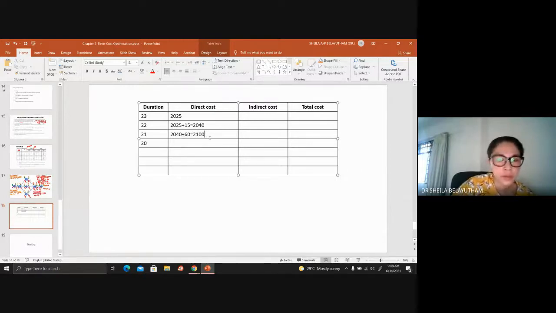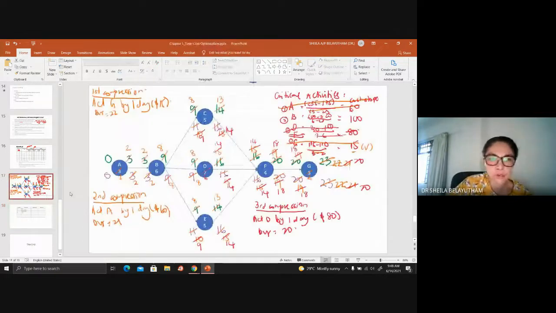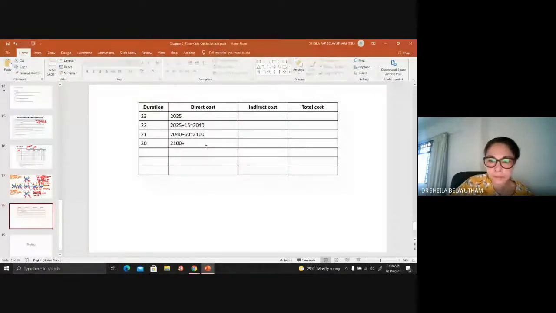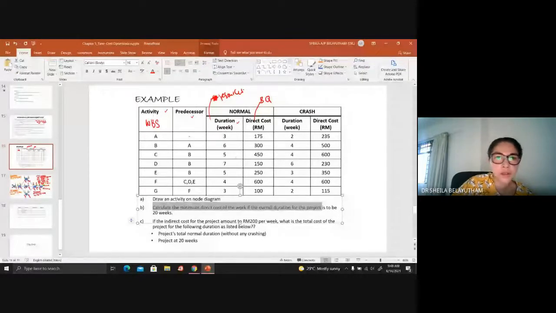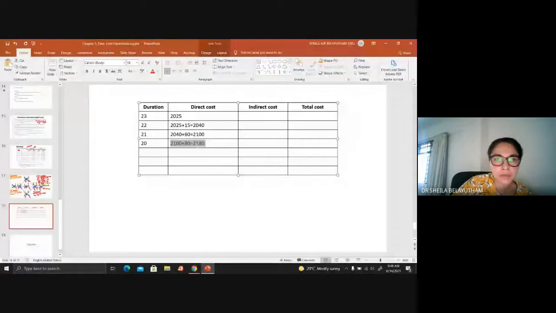Okay, and then carry forward 2100 plus the last compression that we did for 20 weeks, 80 ringgit. That will give you 2180. So to answer your question, the minimum direct cost of the work, if the overall duration is to be 20 weeks, this will be the minimum direct cost.